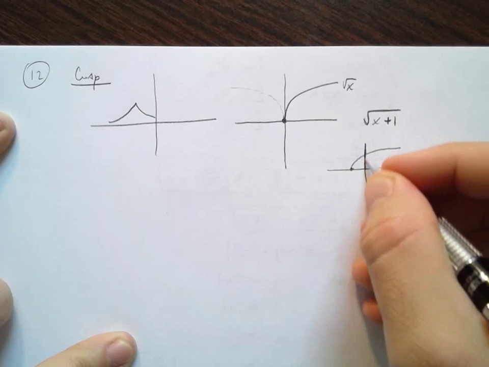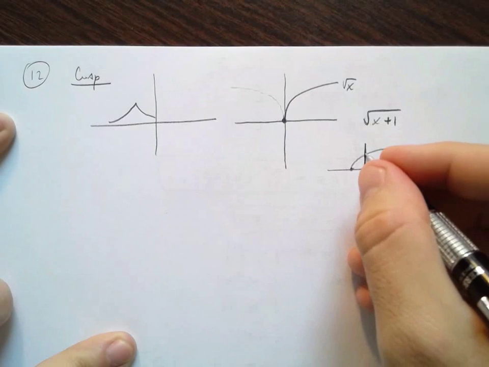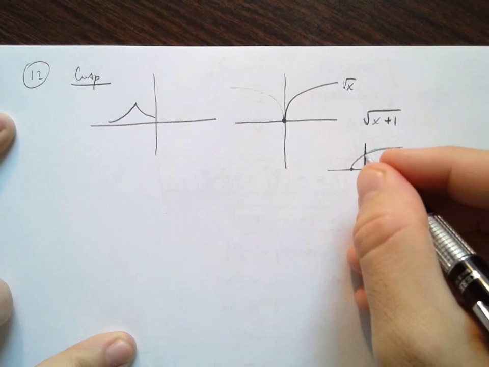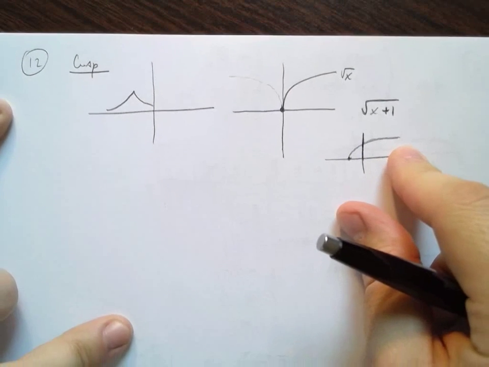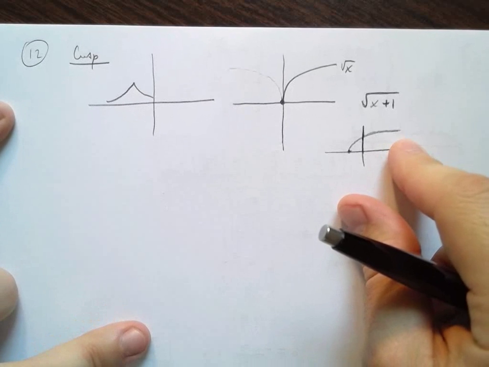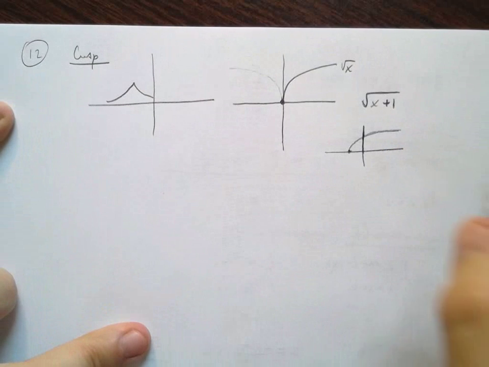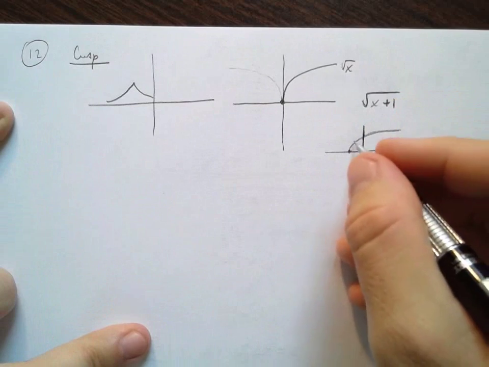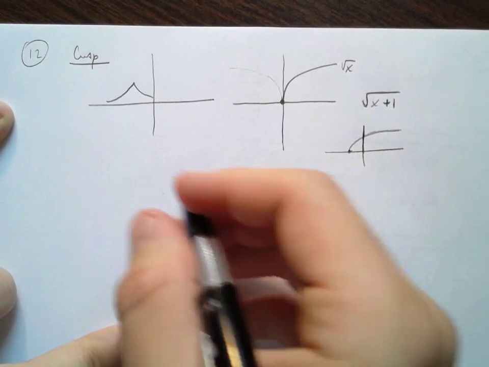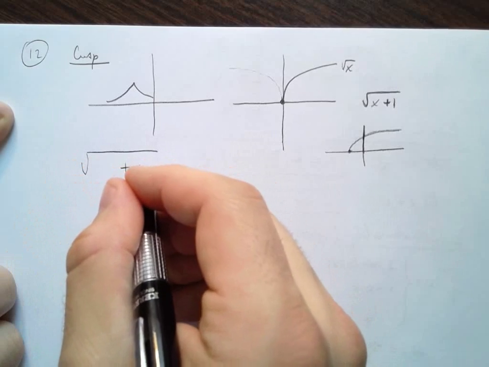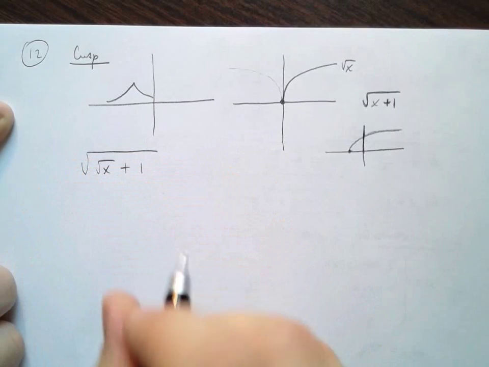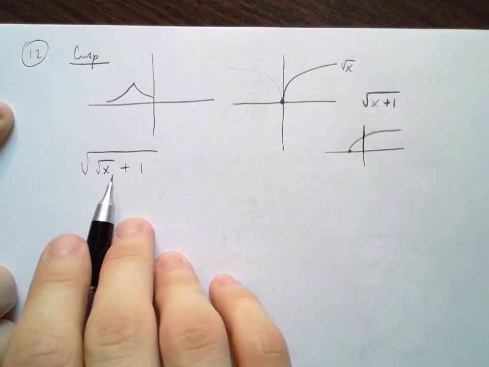But now I want to restrict the domain, right? So I want only x to be greater than 0. And the way I can achieve that is by making, right, to get rid of this piece, I can, for example, do the following: square root of x plus 1, just like so.